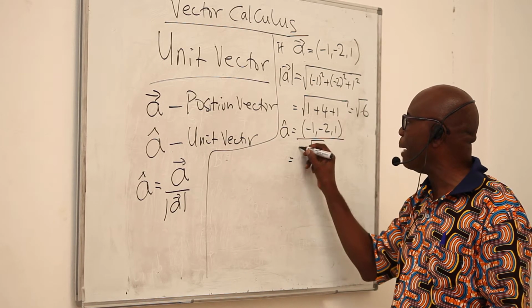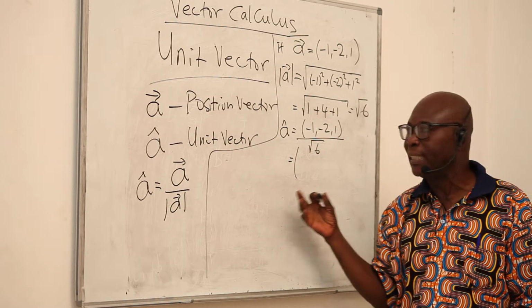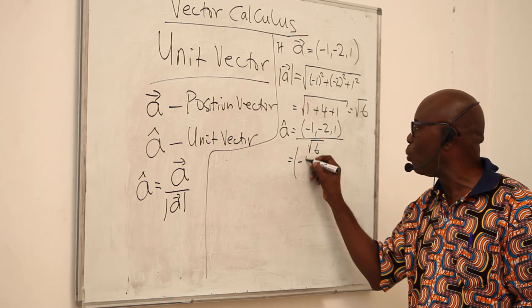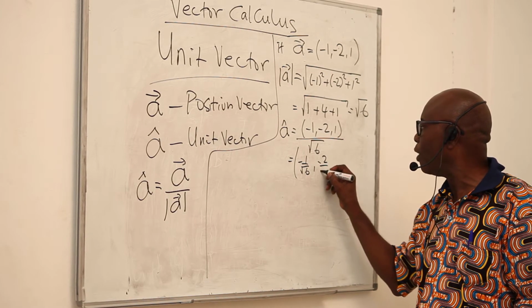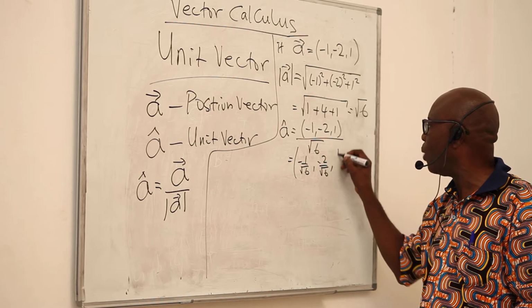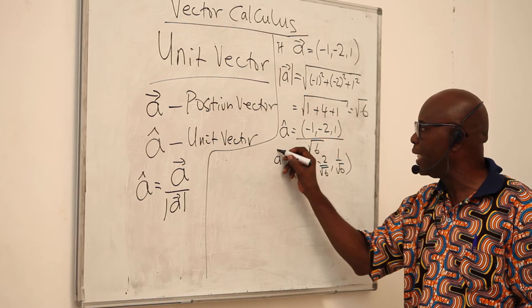Then we can break it into the components along the x-axis, y-axis, and z-axis. So we have -1 over root 6, -2 over root 6, and 1 over root 6. And this is the unit vector A.